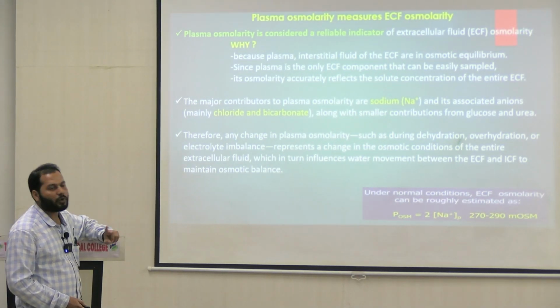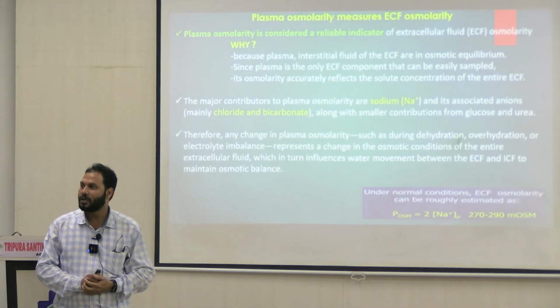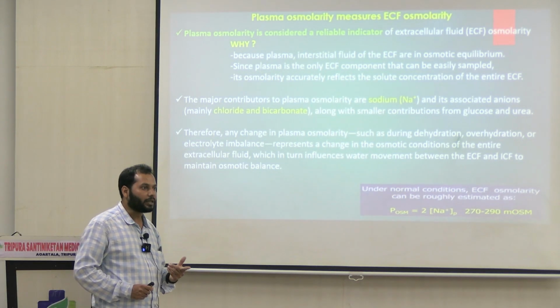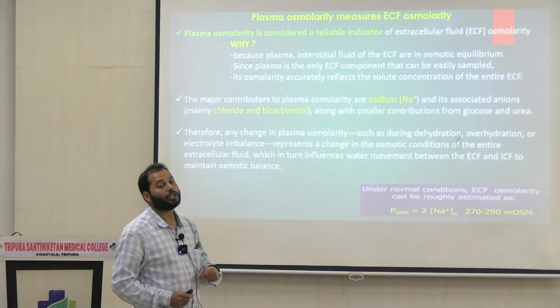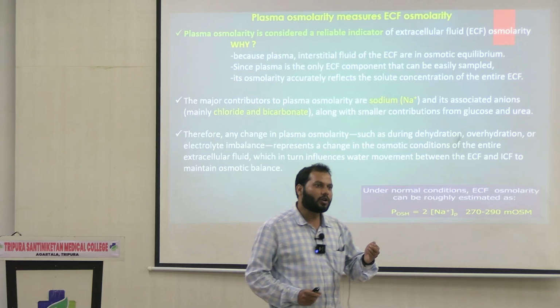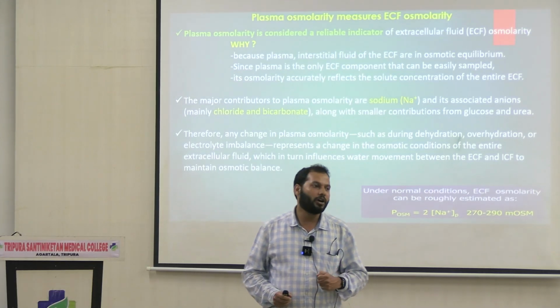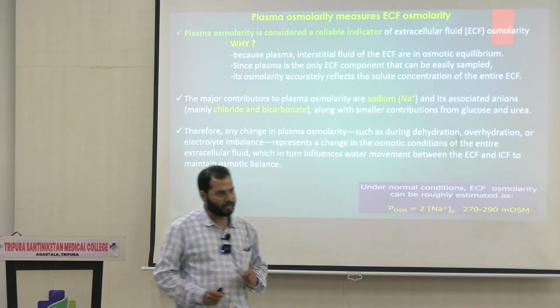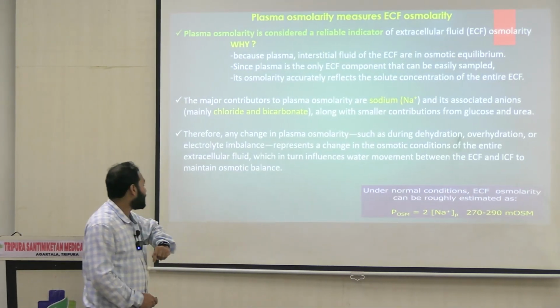The most important point behind this is that it is very easy to determine the plasma osmolarity in comparison to determining the osmolarity of other compartments, like the osmolarity of interstitial body fluid or of transcellular fluid. Right? This is the first point. What are the others?